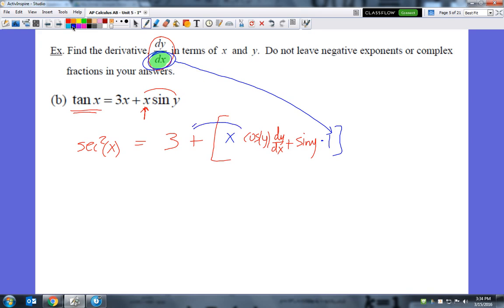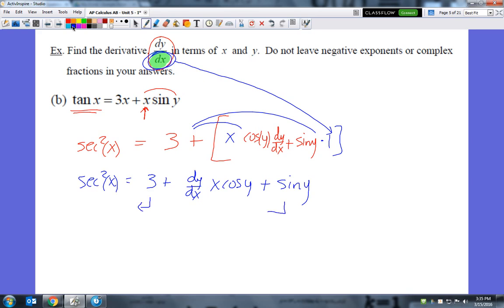Again, this positive will distribute on both terms. So rewriting it, secant squared x is equal to 3 plus, again, force of habit, dy dx, x cosine of y. And then it'll be plus sine of y. And my goal is to get the dy dx by itself. So I can move everything to the left now. I can subtract a 3 and I can subtract a sine.